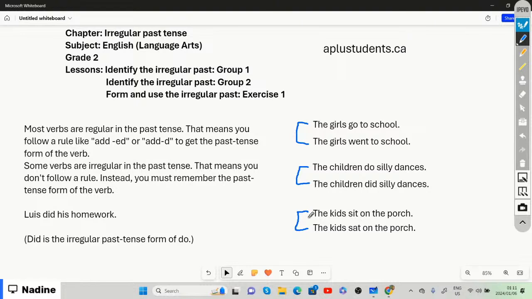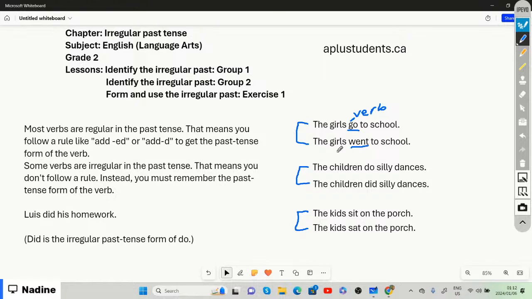If we look at the first sentence, it says, the girls go to school. So go is our verb. But in the irregular past tense, we can say the girls went to school.